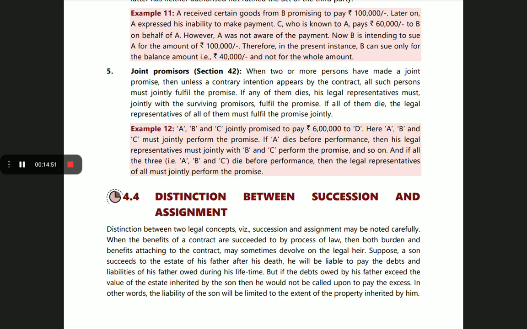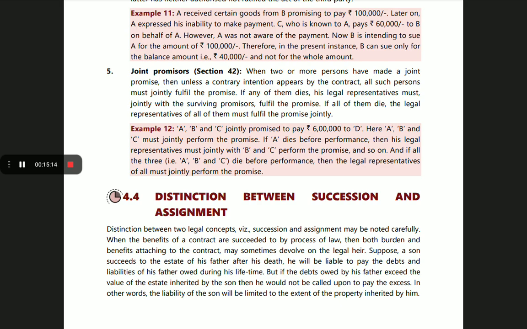And if all the three, that is A, B and C, die before performance, then the legal representatives of all must jointly perform the promise.